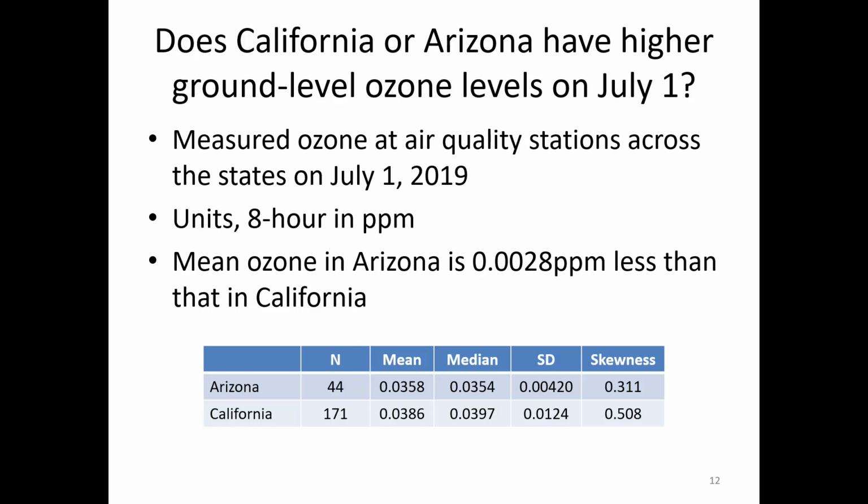The units are parts per million measured over 8 hours. We find the summary statistics I calculated in the blue table, and that mean ozone in Arizona is about 0.0028 parts per million less than that in California. Right? Just subtracted those two means.